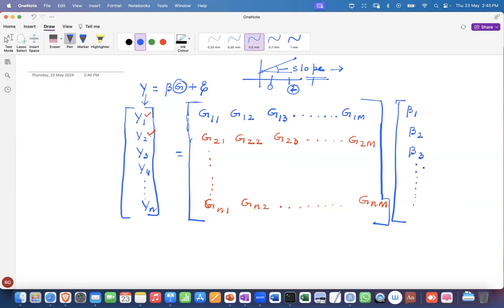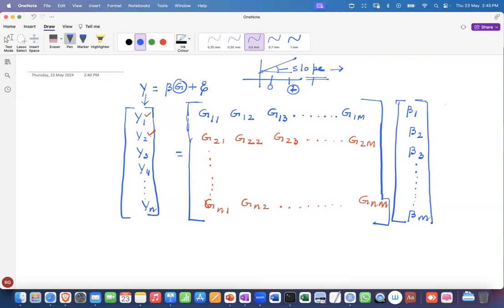How many? This will run up to the million of SNPs. Okay, this is where matrix algebra is tricky, I know that. But anyways, so this is what it is.